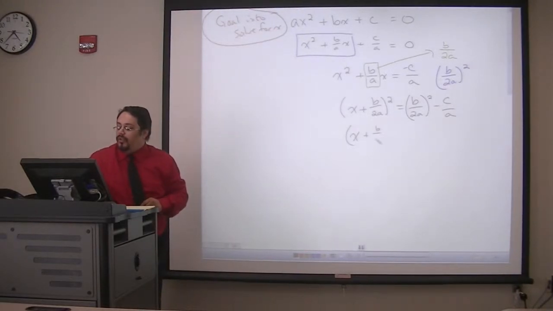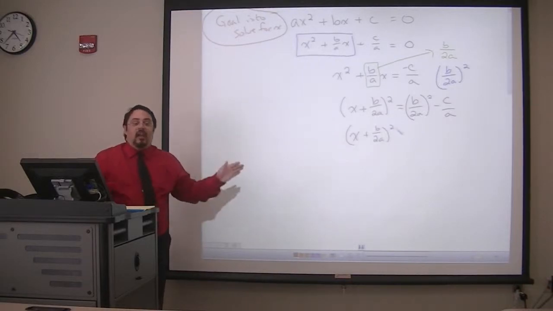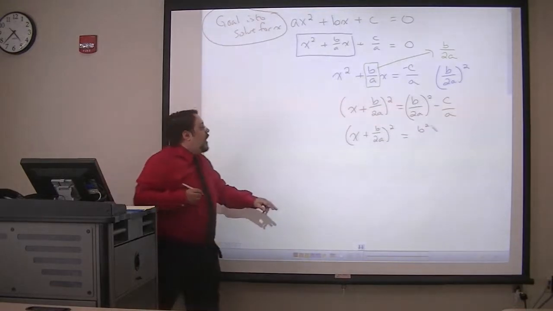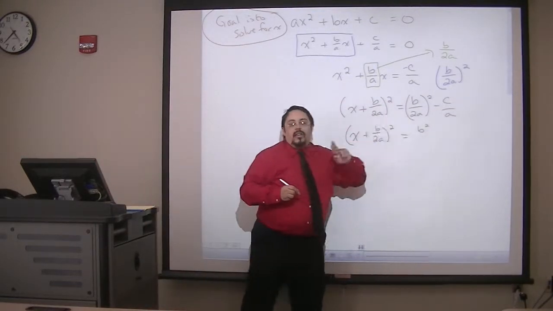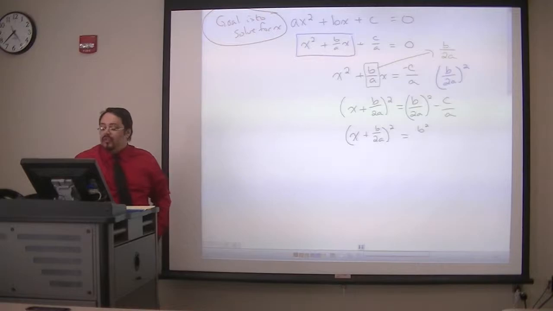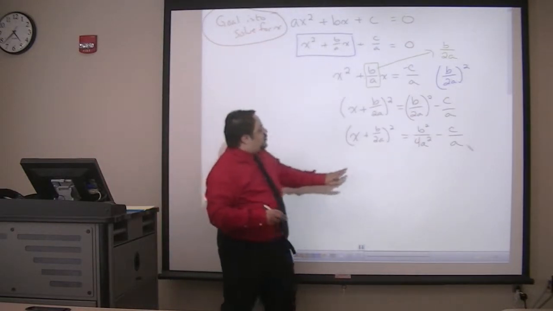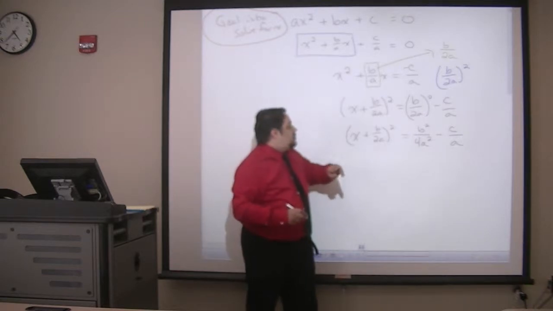So for right now, we're going to leave the left-hand side alone. We're going to apply this square to both the numerator and denominator. So 2a squared is going to be 4a squared, minus c over a. So what we have over here is two fractions that we're subtracting.